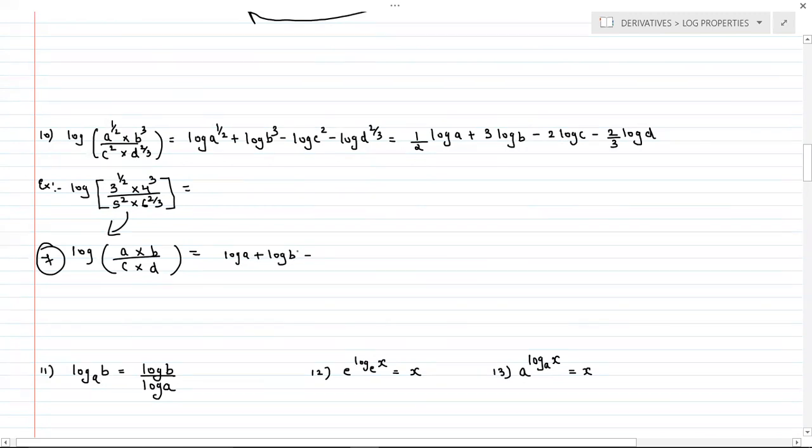And in the denominator, suppose it contains more than 1 term, we have to attach the negative symbol.